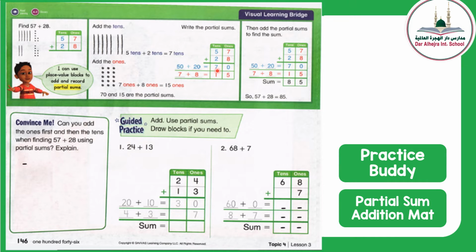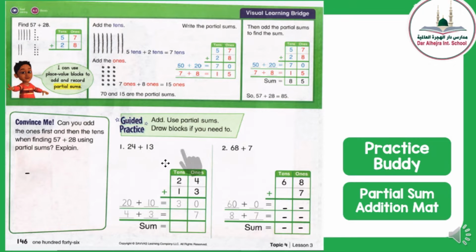So this way we have got partial sums of 70 and 15. In the final step, we are going to add the partial sums together to get a final sum. So here we have added 0 and 5 to get a 5, and 7 and 1 we have added together to get an 8. So this way we can add the partial sums to get a final sum.